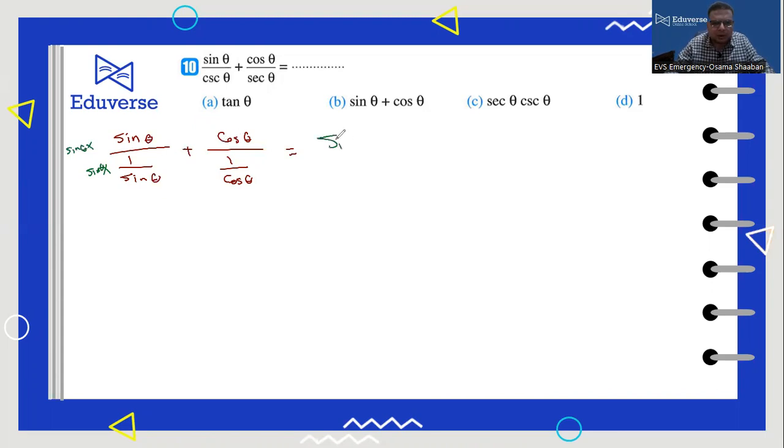You will get sine squared theta, since sine times sine is sine squared. Plus here also multiply cosine theta up and down, so cosine times cosine will be cosine squared. And you know sine squared plus cosine squared theta equals 1. So we will choose 1.